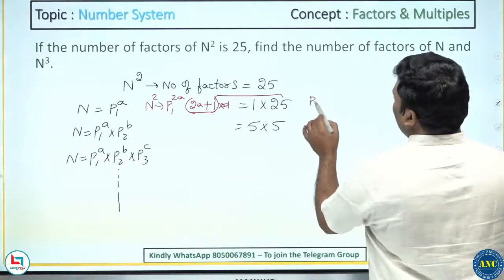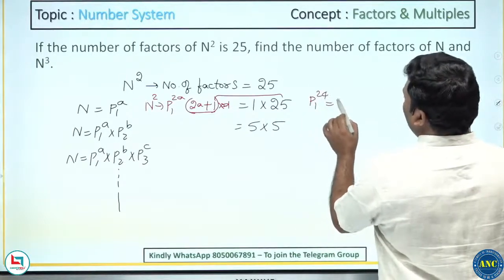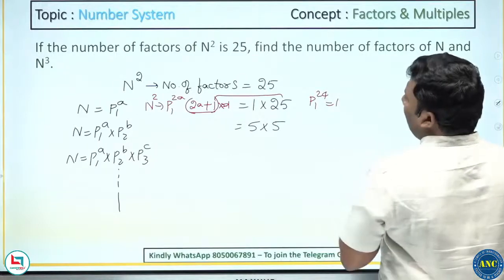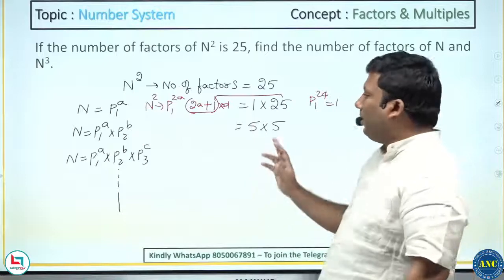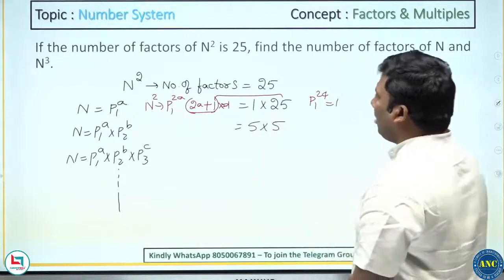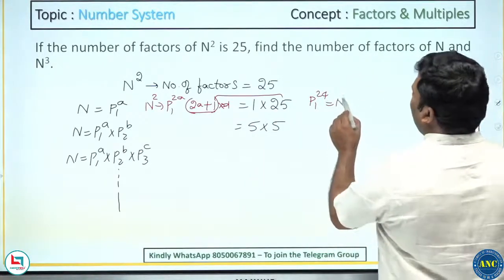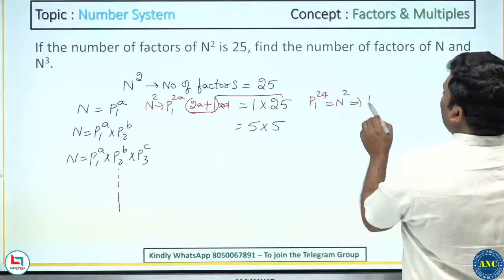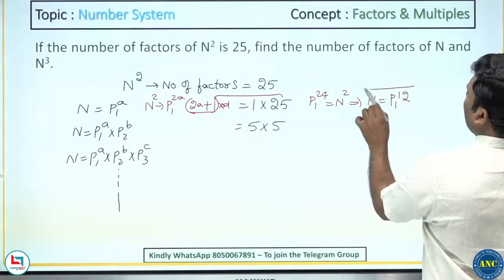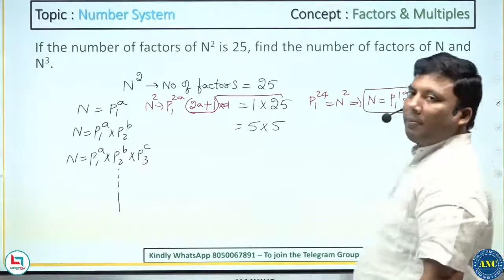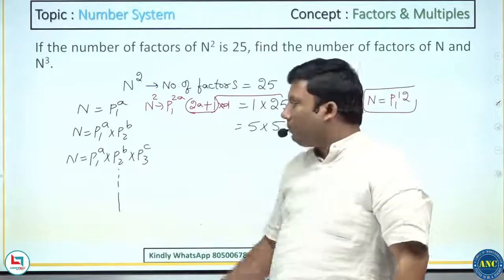So p1 power 24 will be for n square. 2a plus 1 is 25, the a value will be 12. So n square will be p1 power 24 and n will be p1 power 12. I hope the idea is clear. n will be p1 power 12 for a single prime base.